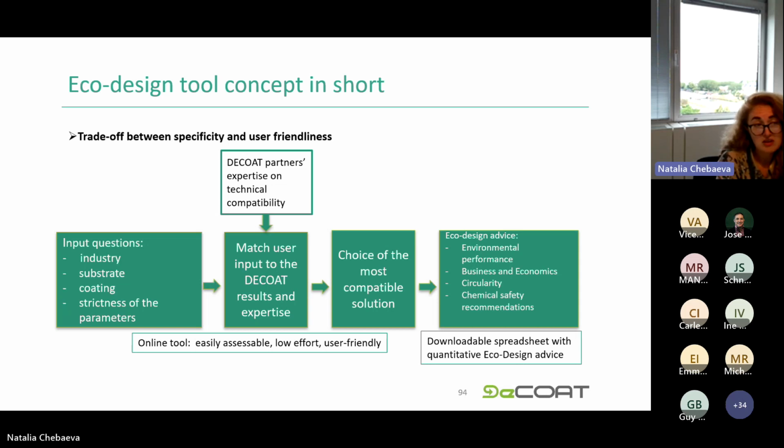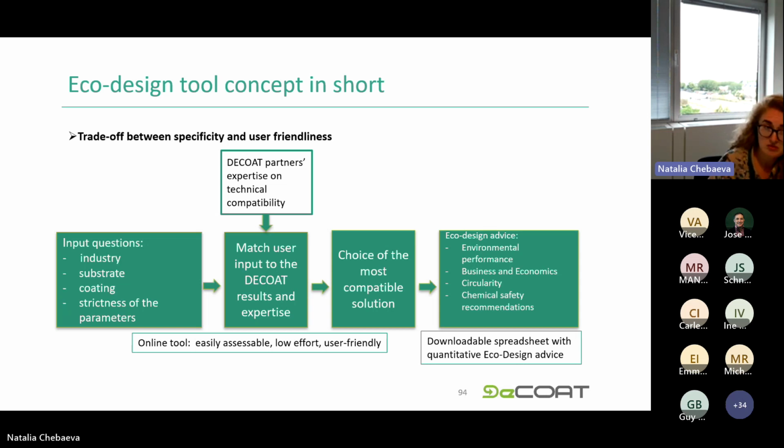The user inputs a very simple set of input data: the industry that it belongs to, what is the substrate material, what is the coating, what are the performance parameters that are necessary to meet. Then the core of the system matches this input with the most suitable solution developed within the DECOAT project.